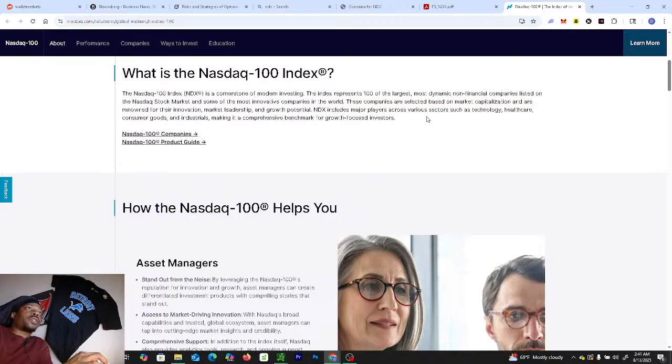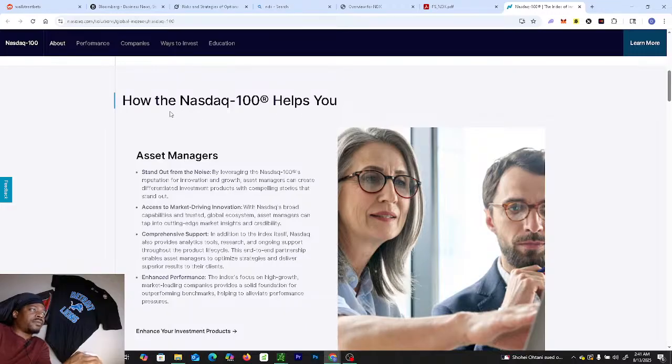NDX includes major players across various sectors such as technology, healthcare, consumer goods, and industrials, making it a comprehensive benchmark for growth-focused investors. Now, if I'm not mistaken, I believe United Health at some point was in the top 10 of the NASDAQ 100. I know recently they dropped a lot because of political and legal headwinds that the company is facing, but they were in the top 3 actually, probably some years ago.